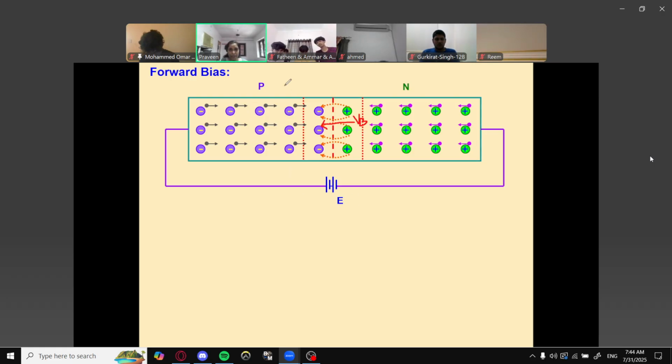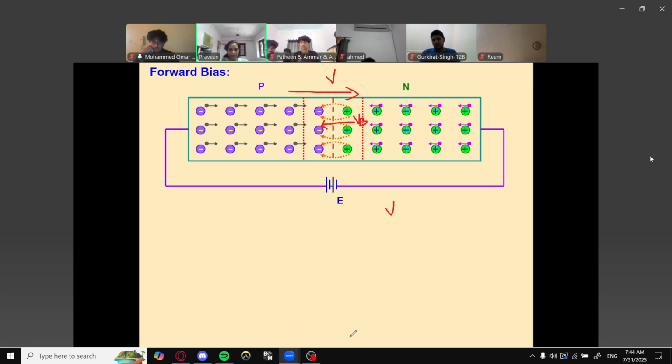But here we are applying an external potential and this is the positive terminal. So the external potential will be in this direction. So the resultant potential, or the effective barrier potential, decreases. And effective barrier potential decreases means the energy barrier across the junction decreases.